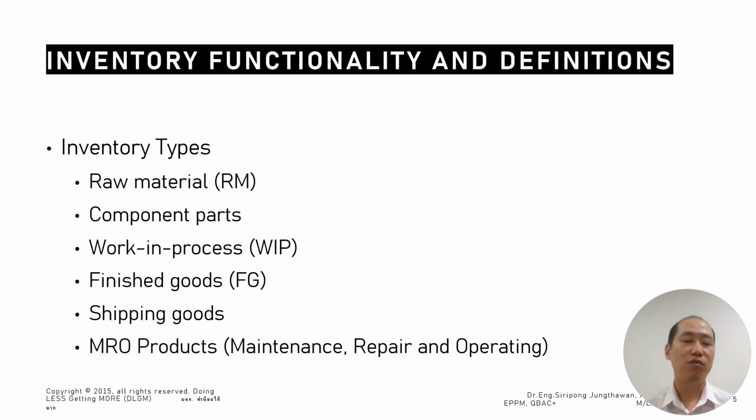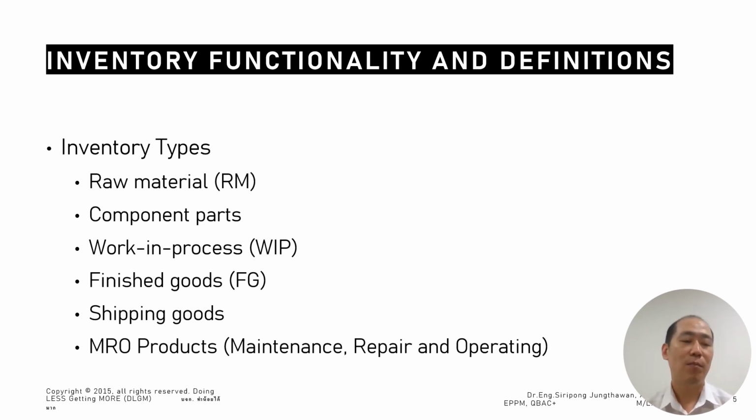First of all, we call raw material. The raw material helps you to prepare for the production, and you make the product from raw material. And sometimes you have to assemble components or parts into your finished good. Also, when you operate, you change the raw material toward finished good, but it's not finished yet, we call it work in process or WIP.